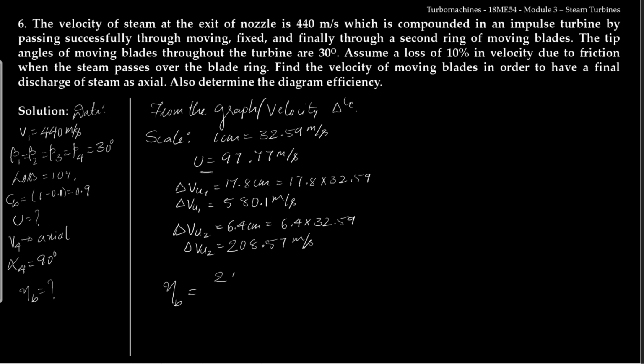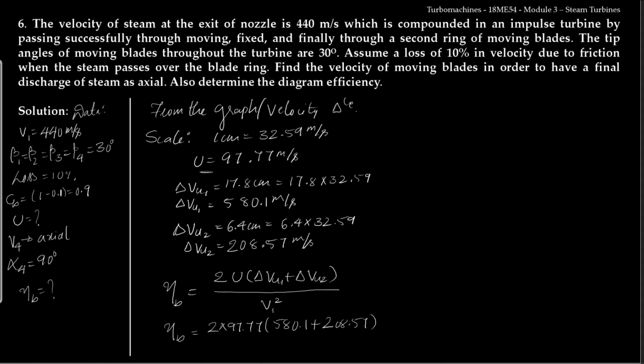Now we can find out the diagram efficiency or the blade efficiency, which will be equal to 2 into U into delta Vu1 plus delta Vu2 divided by V1 square. Let us substitute the values. Eta B will be equal to 2 times of U is 97.77 multiplied by 580.1 plus 208.57, everything divided by V1 square.